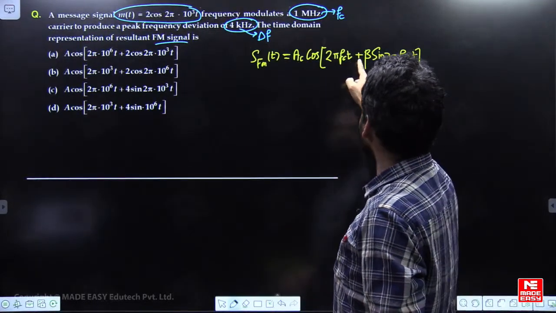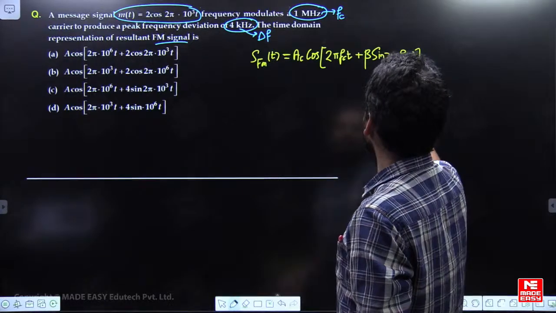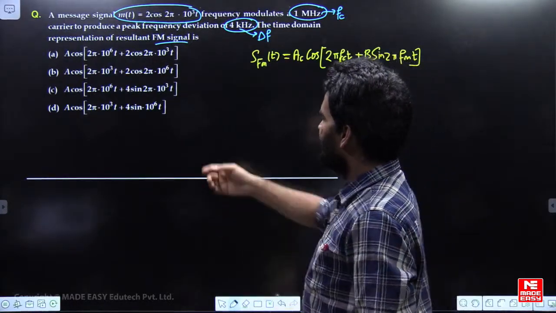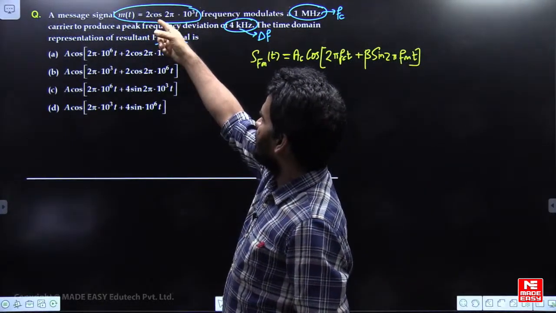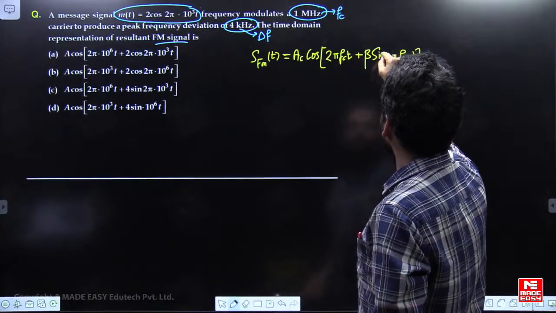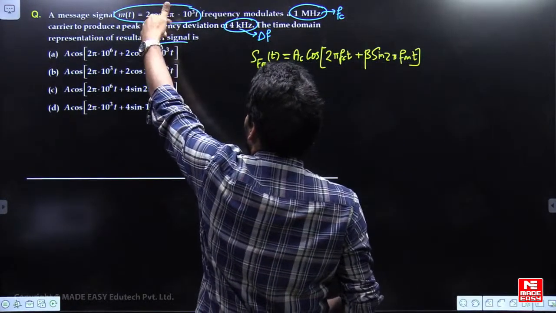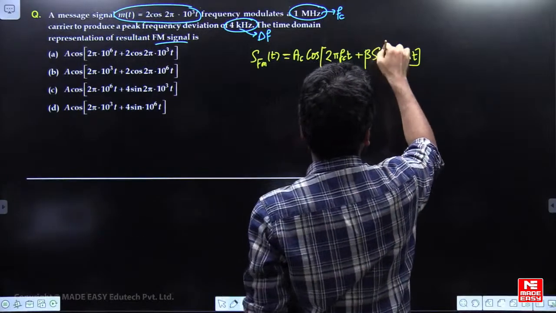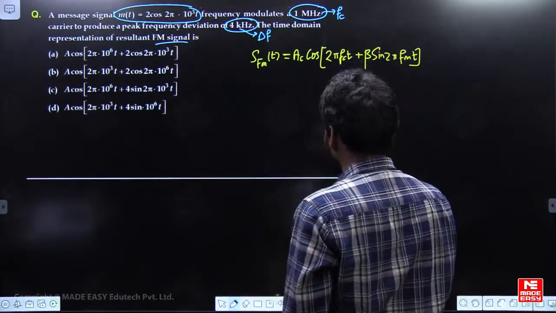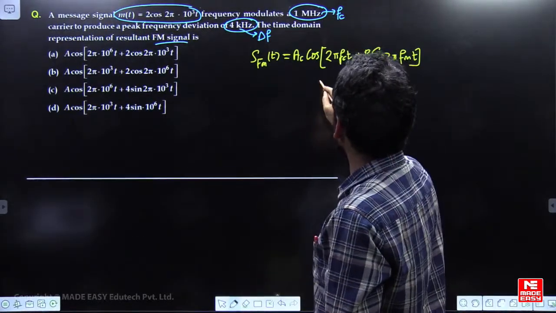Ac cos 2 pi fc t plus 2 pi kf integration m(t) dt. So m(t) is cos, integration of cos you will get sine here. If the message signal is sine, then we get cos here.